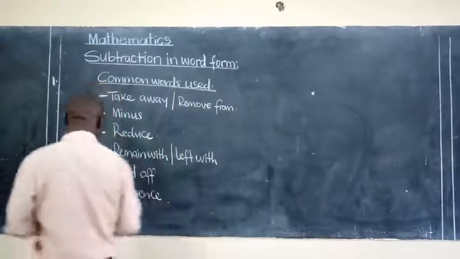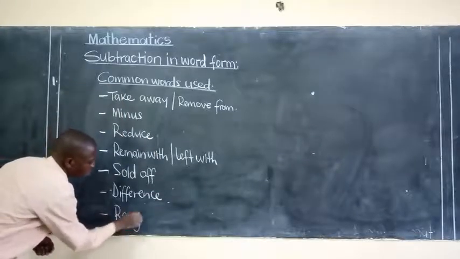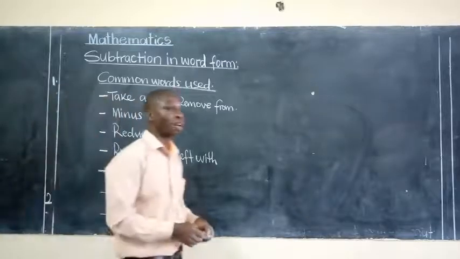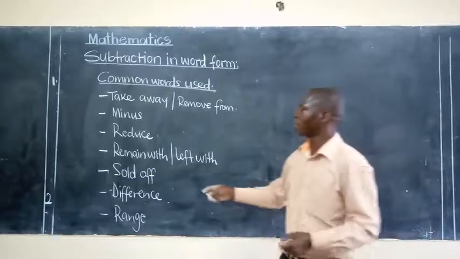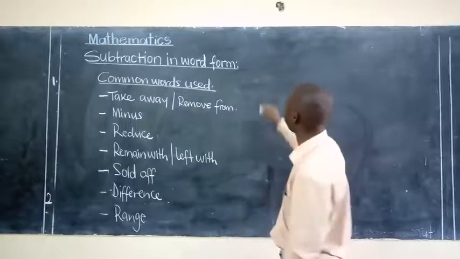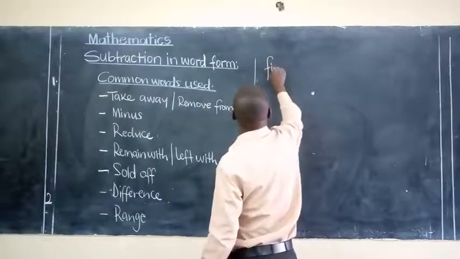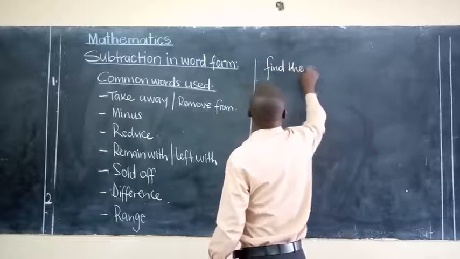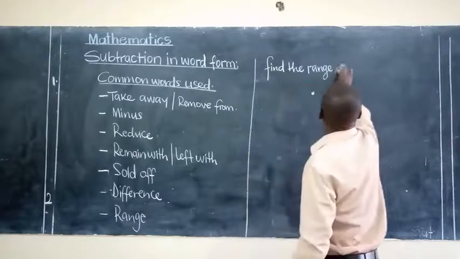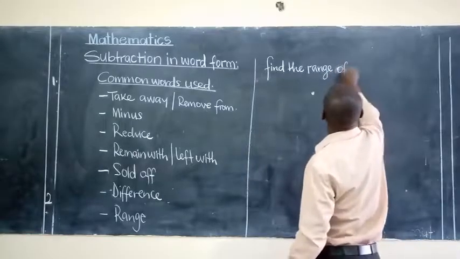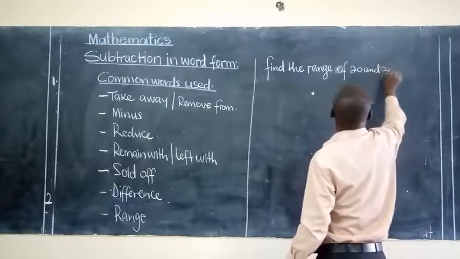Sometimes they use this word range. Find the range. To get the range, you have to subtract numbers. For example, they may say find the range of 20 and 30.